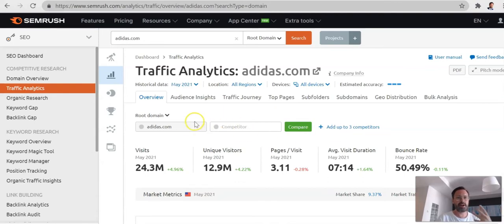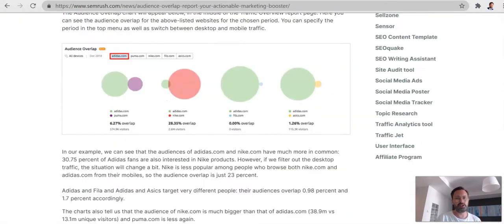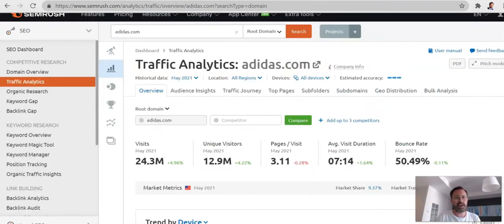And what I did was I went into the traffic analytics and I used this feature that's available called audience overlap. And what it tells you is what is the overlap between other websites and your website. And it gives you insights in terms of who your competitors are.